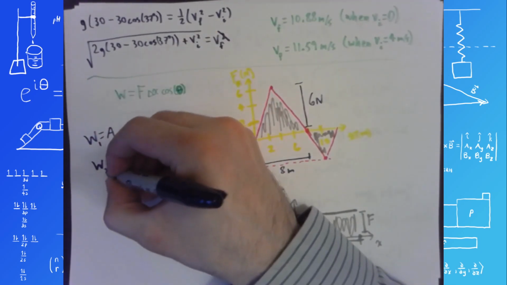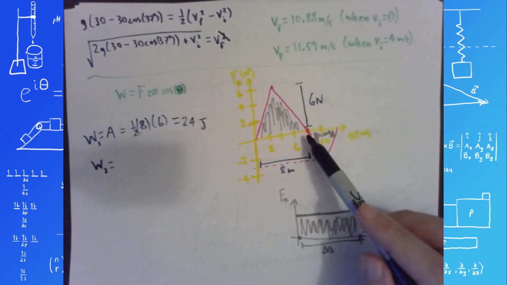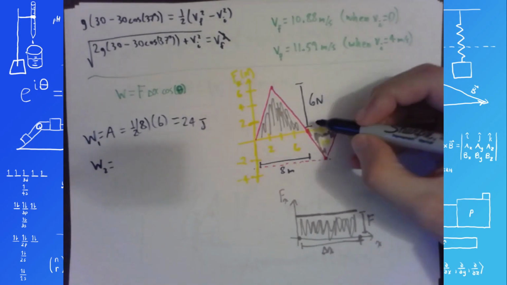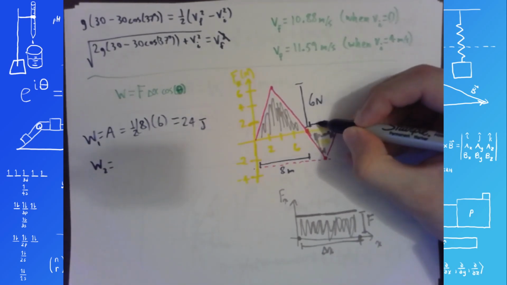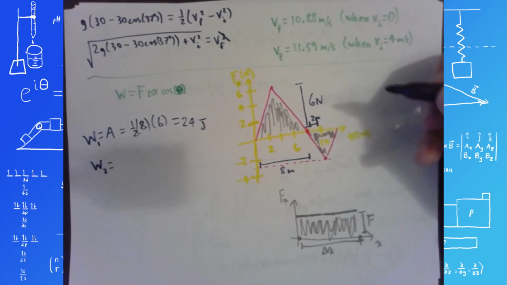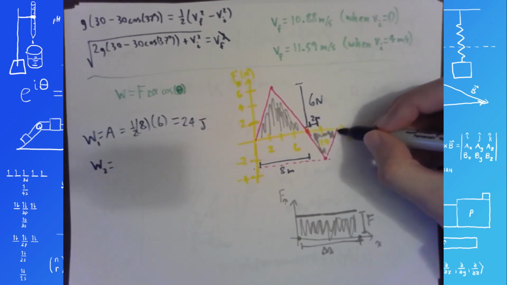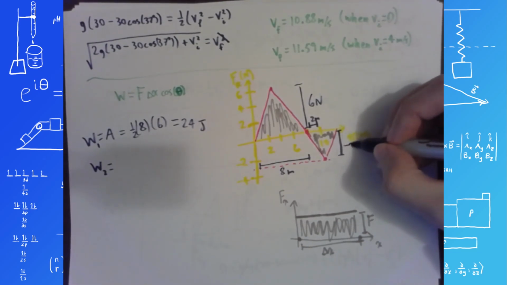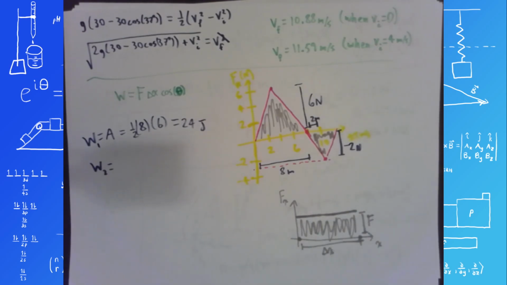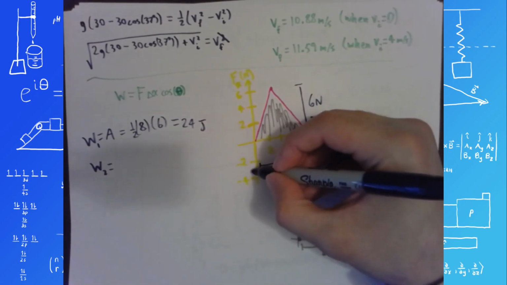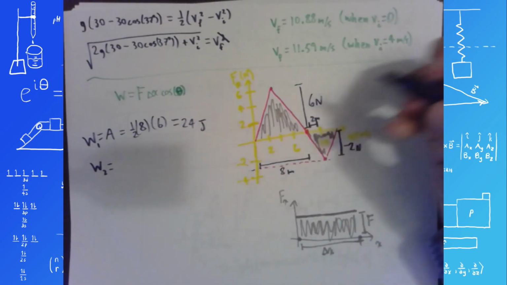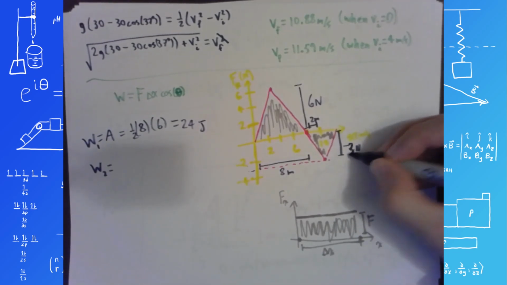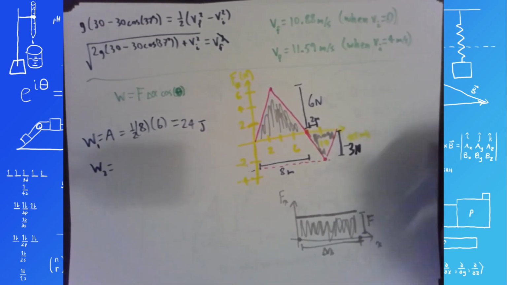Work 2, they want it from 8 to 10, so that is going to be 2 meters, and then for the height, that's going to be -2 newtons, the negative indicating that it's in the negative x direction. And oh, actually no, hold on, because that actually reaches between -2 and -4. I should say -3 newtons. Almost missed that.